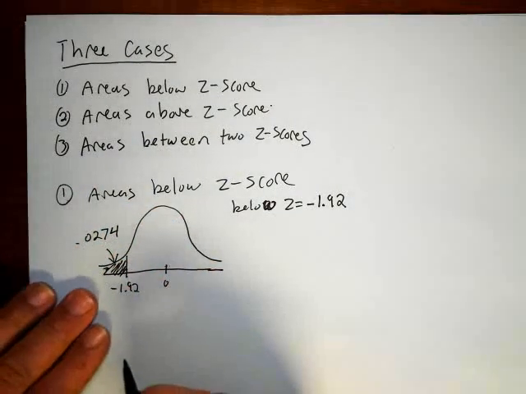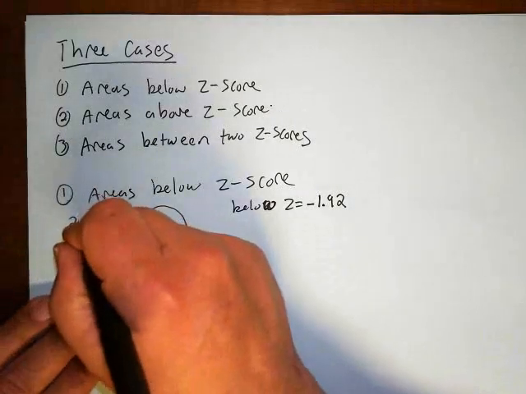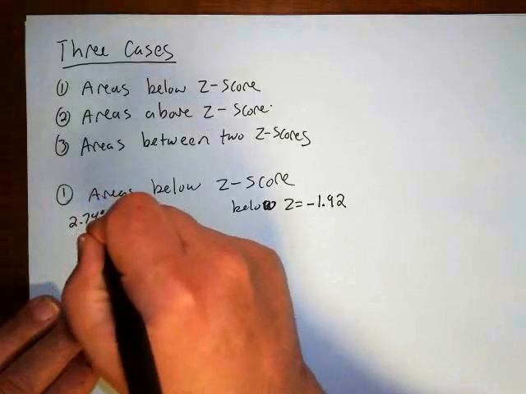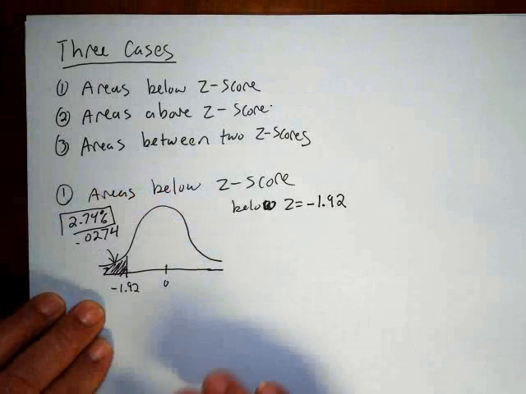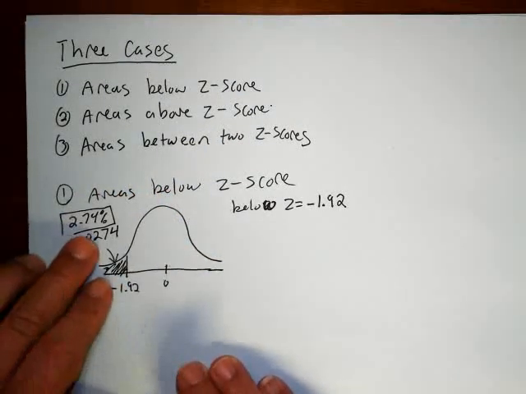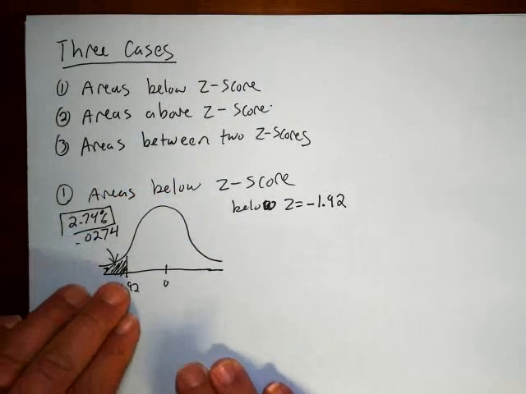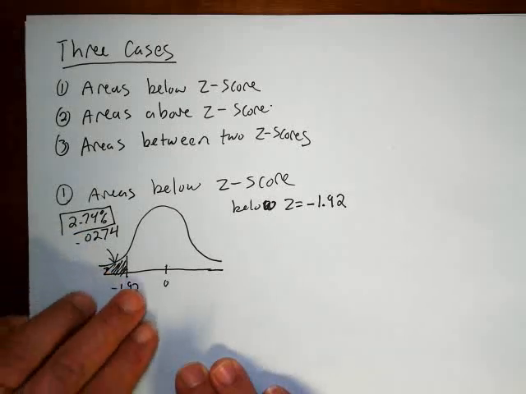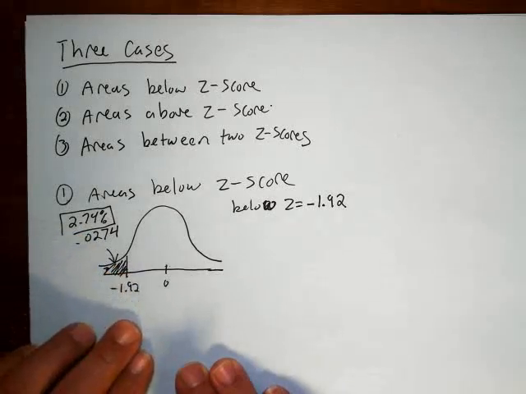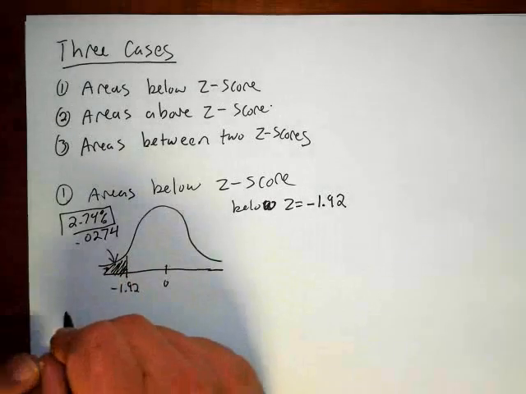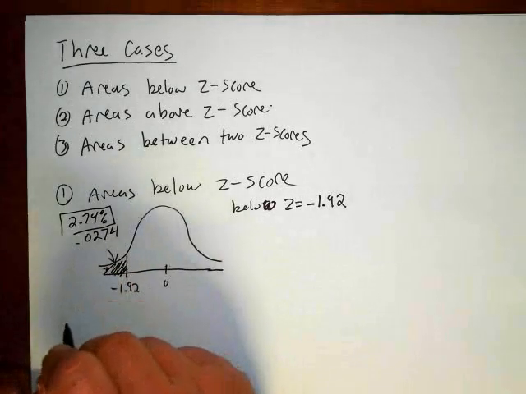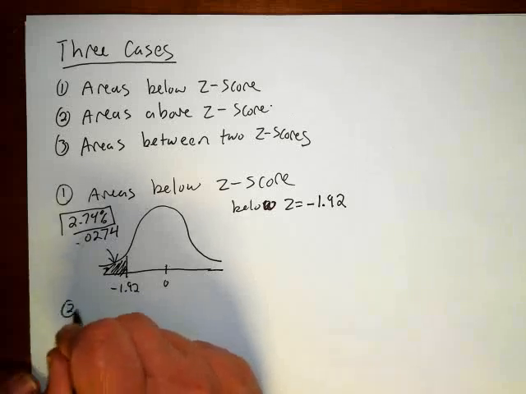So that would be the area, and that corresponds to 2.74%. So what it would mean is that for any normal population, 2.74% of the observations have z-scores that are less than negative 1.92.